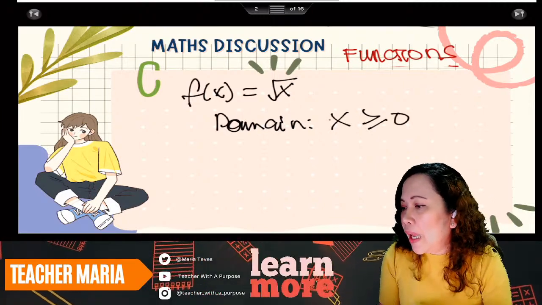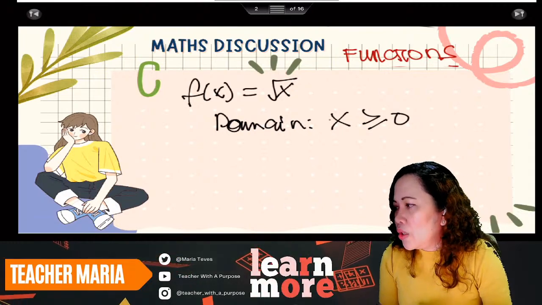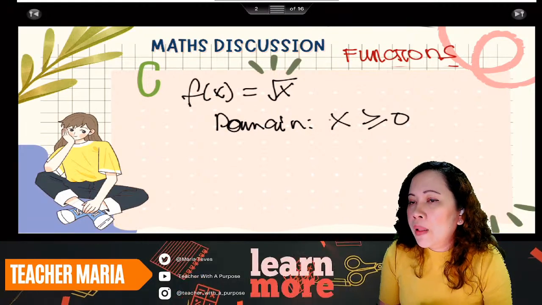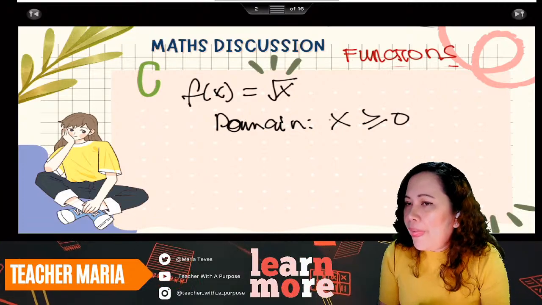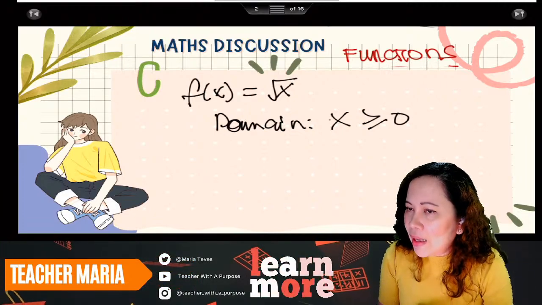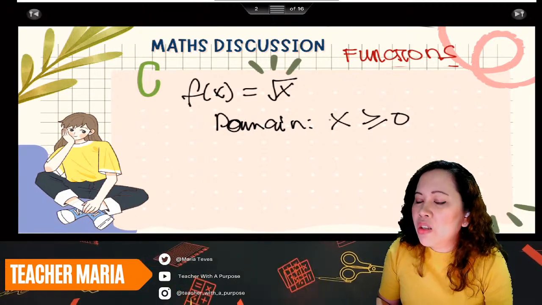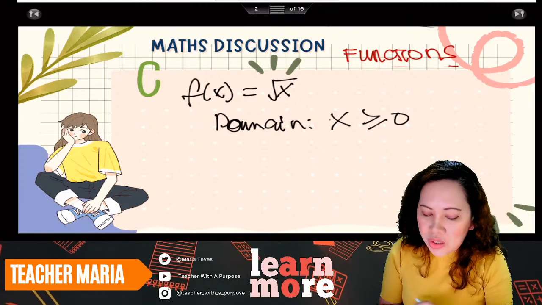It cannot be any negative number because there is no real root of a negative number. It becomes imaginary. So the value of x that you substitute here will be anything greater than or equal to 0, because you cannot input a negative number into this type of function.